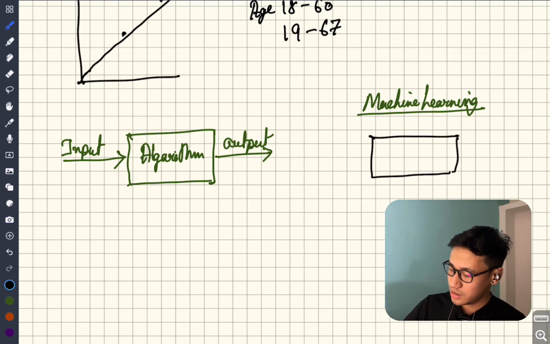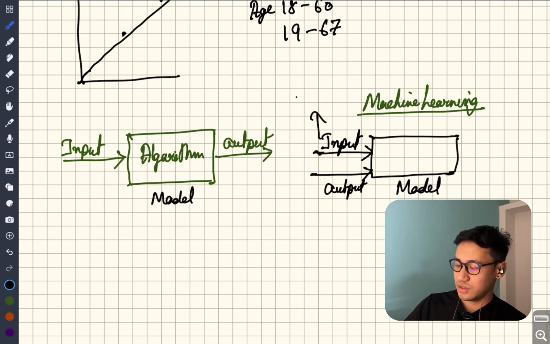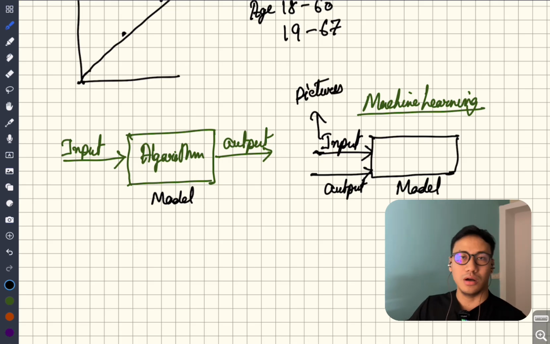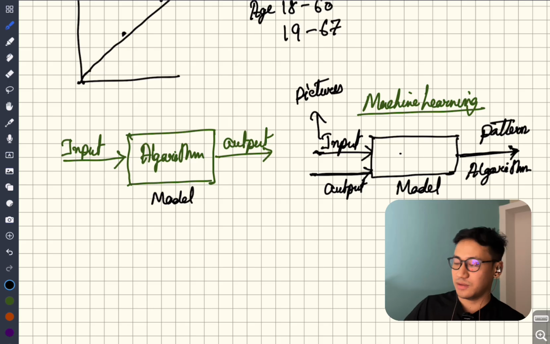So this is a model. In this model, we send one input, and at the same time we send an output also. Let's say we are sending pictures of dogs, cats, whatever, and at the same time we are sending a tag also, that this is a dog's picture, this is a cat's picture. We expect that the model will try to find the pattern and give us the algorithm, or we can say the pattern.